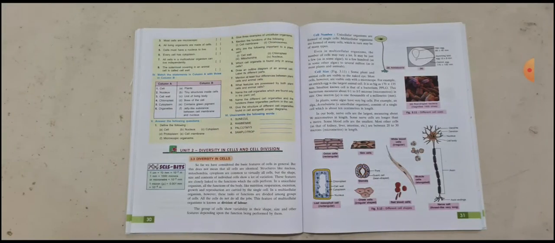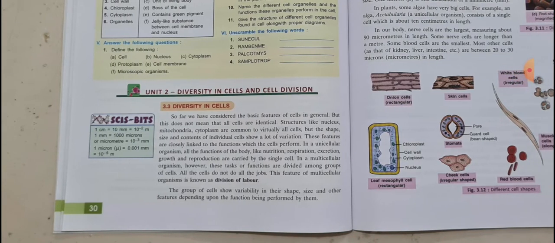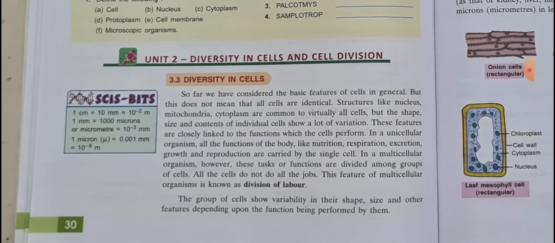Moving forward to the next unit, that is diversity in cells and cell division. Diversity means there are different features and different kinds of cells.